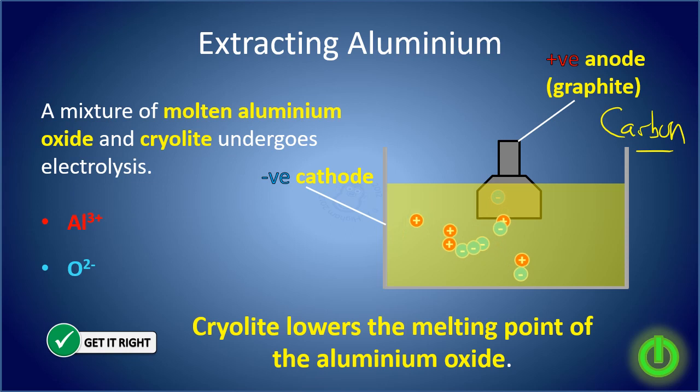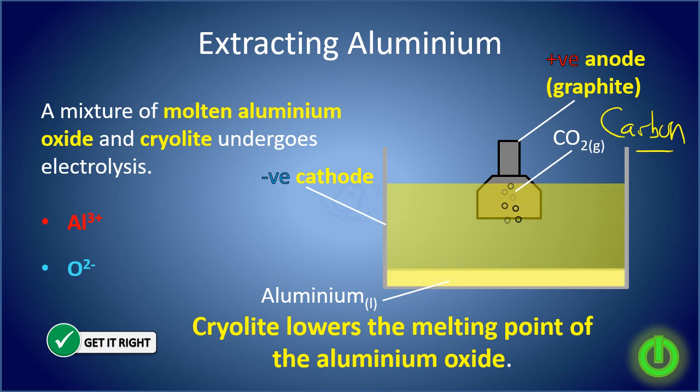So I'm going to apply the current and let's see. So the positive ions again go to the negative cathode and the negative ions to the positive anode. So what we will see is that we get sort of two products. We get the aluminium that we're looking for as a liquid, and basically the reaction vessel will fill up with aluminium as the positive ions hit the side of the vessel, i.e. hit the cathode.